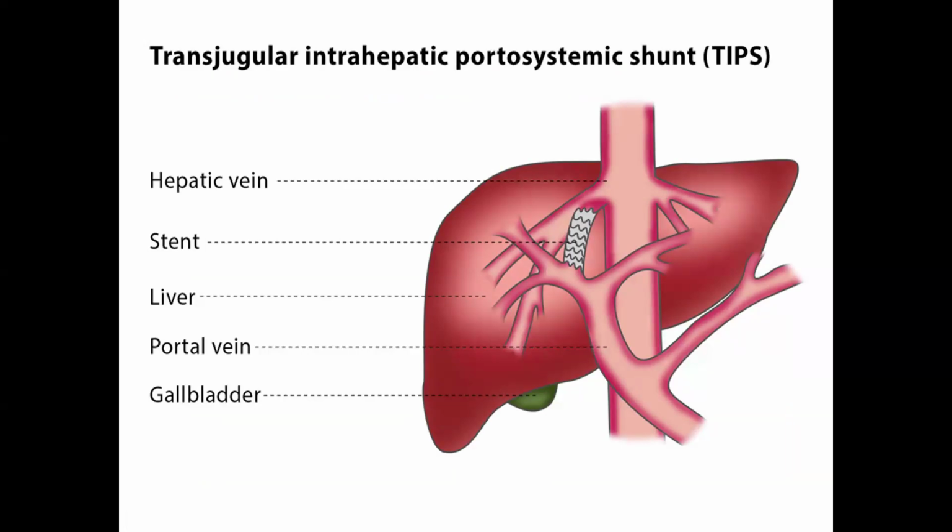So in this situation, the interventional radiologist creates a channel between the portal vein and the hepatic vein, like a portosystemic shunt, to reduce the pressure in the portal circulation. And sometimes these patients develop encephalopathy. So it's a serious procedure, but it could help out.